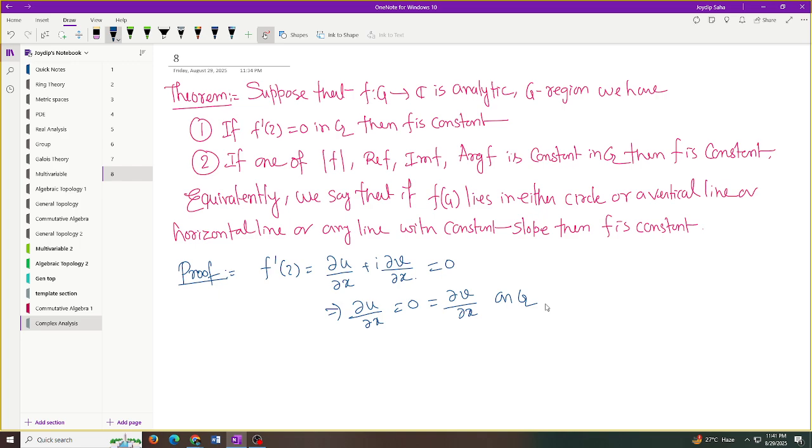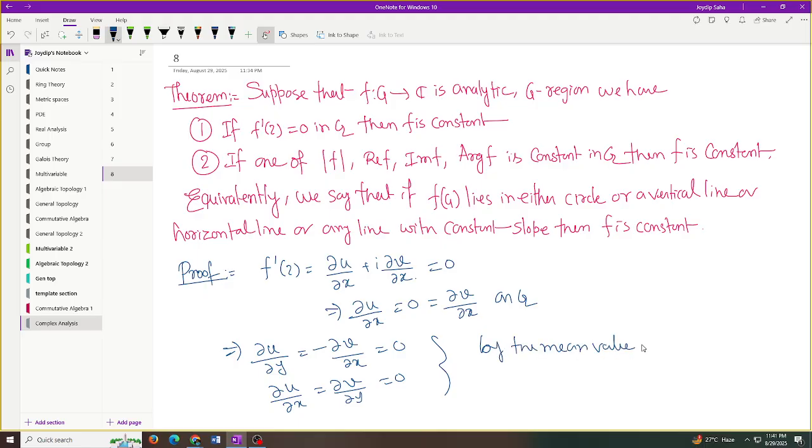So, since G is connected, by mean value theorem we can say that connectedness is needed here.